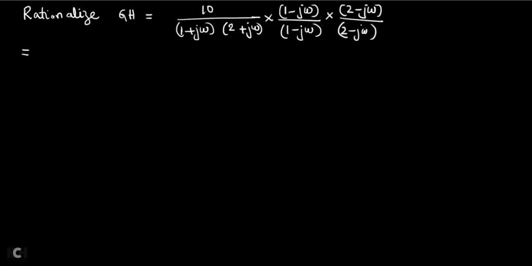Now what happens if you multiply 1 minus j omega into 2 minus j omega? In the denominator, you have 1 plus jb and 1 minus jb, which are like a plus jb into a minus jb. What is a plus jb into a minus jb? A square plus b square.